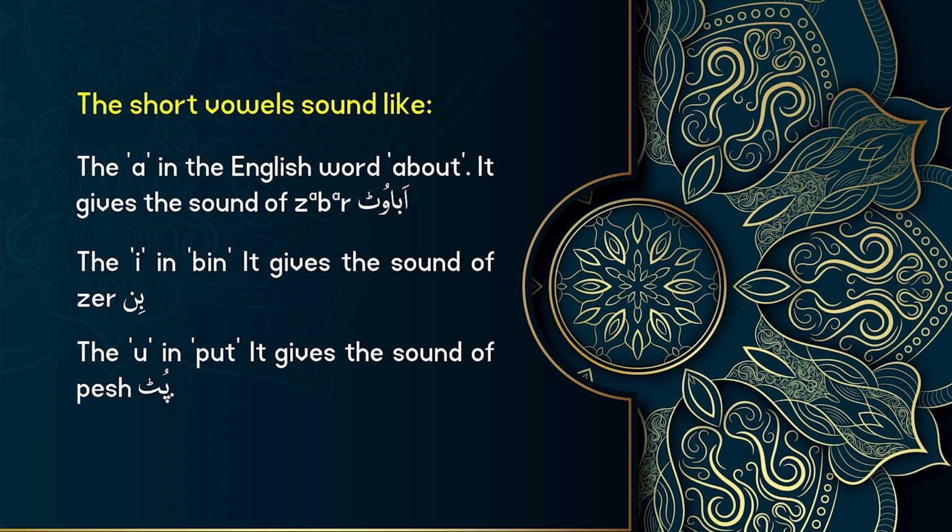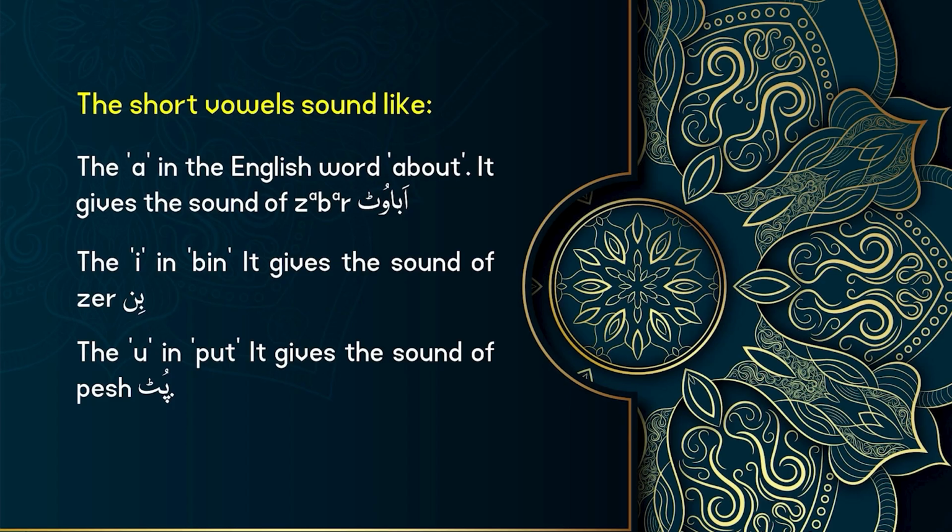Pu has the pesh inserted above, and ta acts like a cluster consonant because it comes at the end of the word, so it will stop and will be sakin because it is at the end, put.